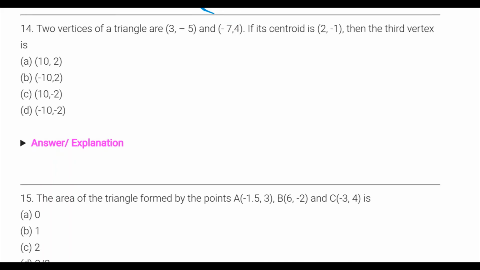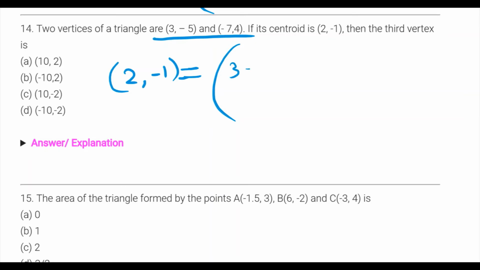Two vertices of a triangle are given as (3, -5) and (-7, 4). If its centroid is (2, -1), the third vertex is? The centroid is given as (2, -1), that equals (x1 plus x2 plus x3) by 3.